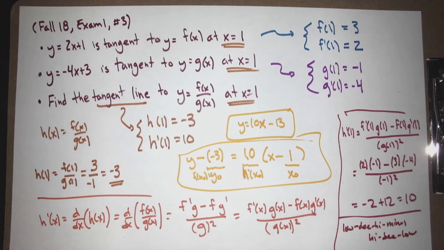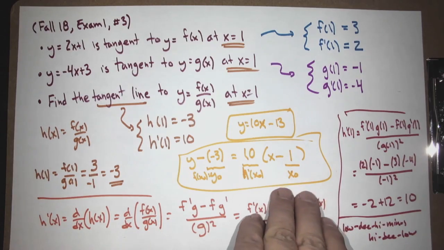Let's see. Okay, I see where I'm wrong, because if it was g over f, it would be the other way around. Right, yeah. You just have to keep track of what's on the top and what's on the bottom. Okay, so there's our review.